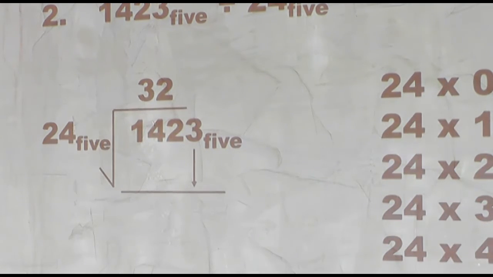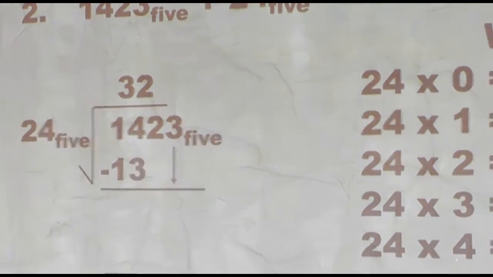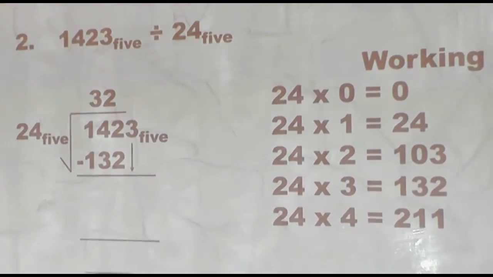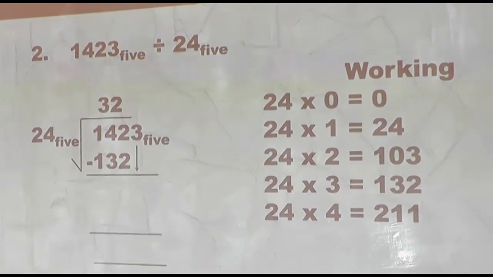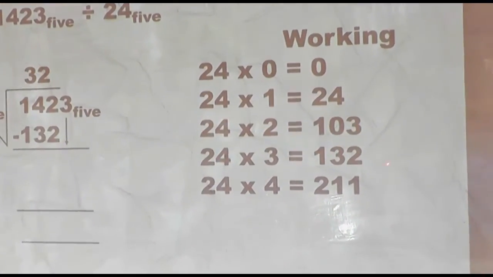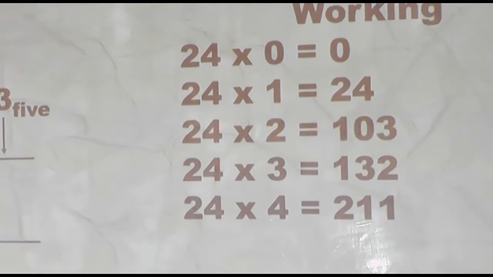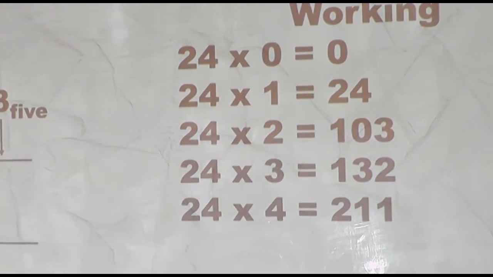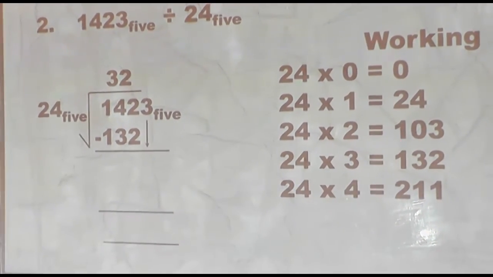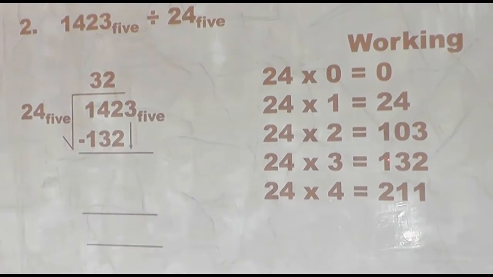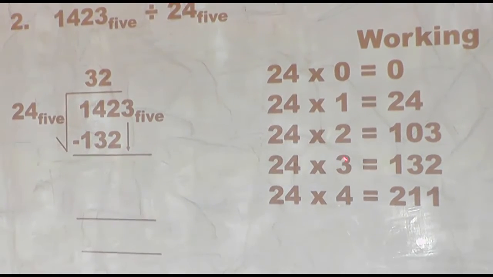And looking at this table, which of these numbers is closest to 142 or equal to 142? If we are saying 211, 211 is already bigger than 142. We are looking for something closer, or something equal to that.